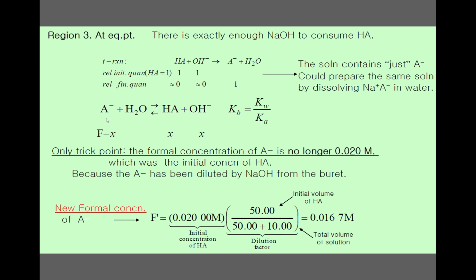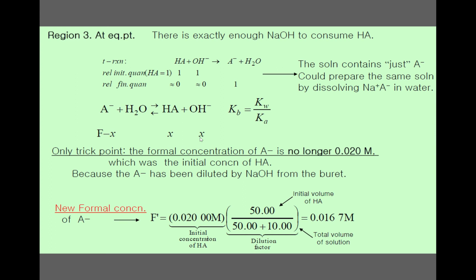The number of moles of the anion at the equivalence point is the same as the added moles of hydroxide, or the initial moles of HA. So what was the initial mole of HA?